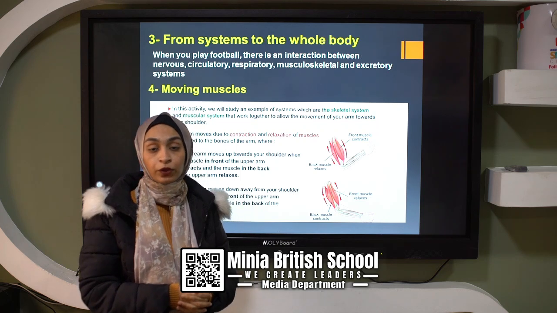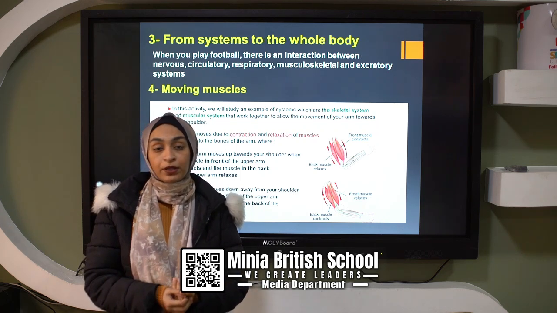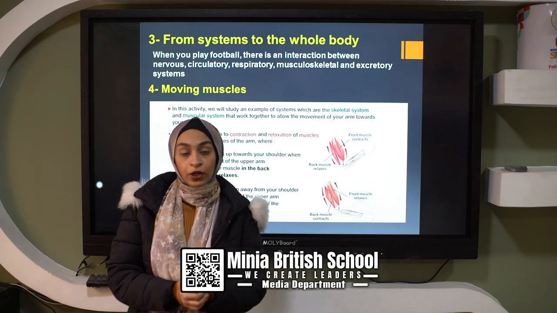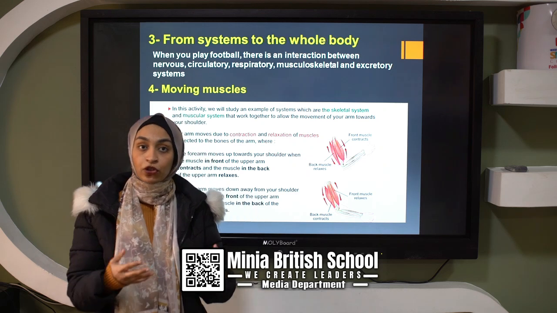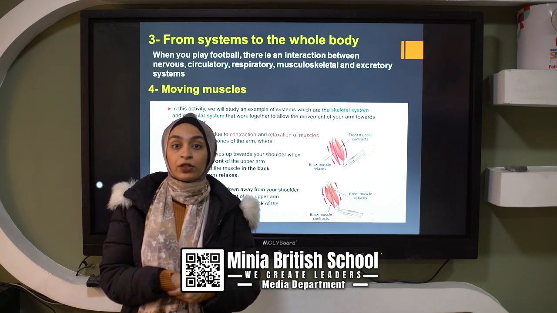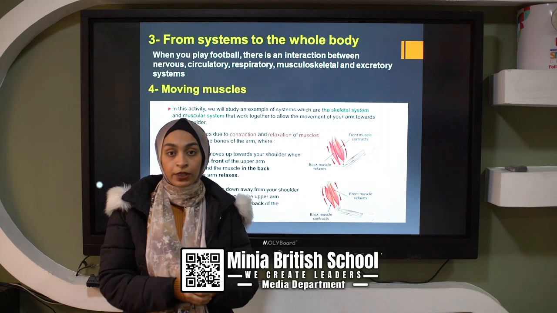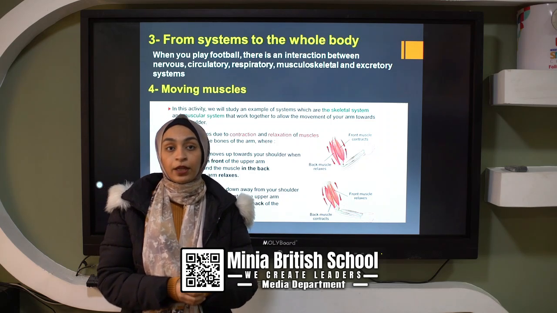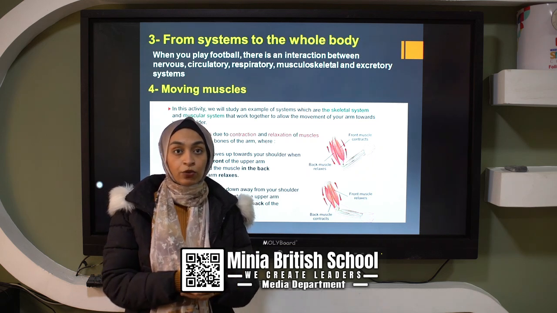Then we talked about contraction and relaxation. The movement of your arm, or movement of muscles in general, happens inside your body by contraction and relaxation. Then we talked about the digestive system, which consists of mouth, pharynx, esophagus, stomach, small intestine, large intestine, and anus. It is the system responsible for the digestion process inside your body.